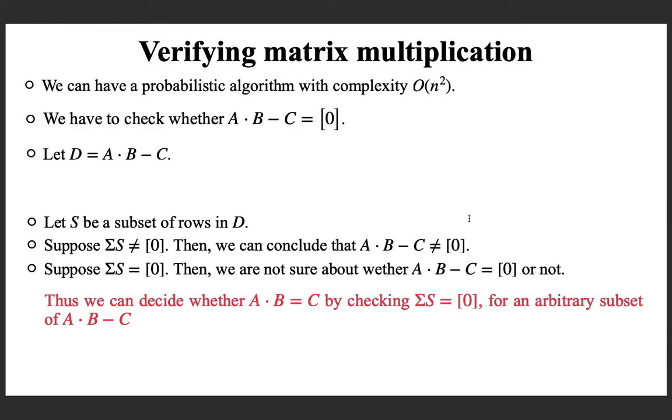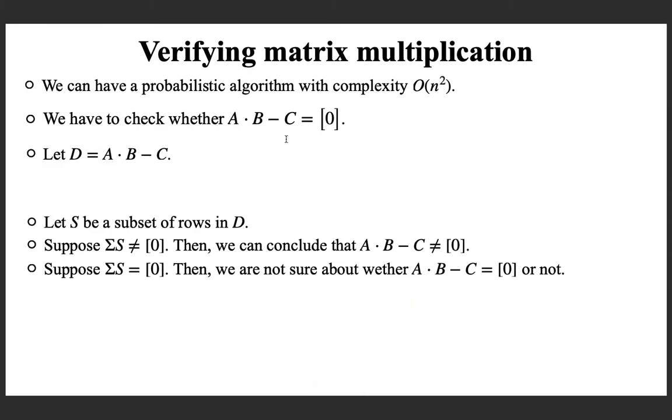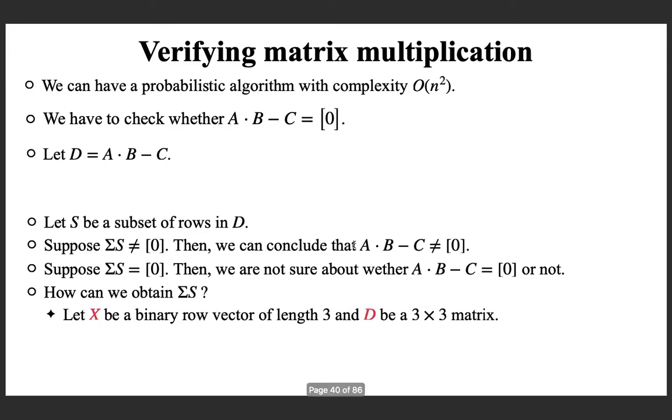And if that is non-zero, we are sure that C is not the product of A and B. If it is 0, we don't know whether C is the product or not. Now the question is, what is the efficient way of getting the sum of the subset of rows in that matrix?